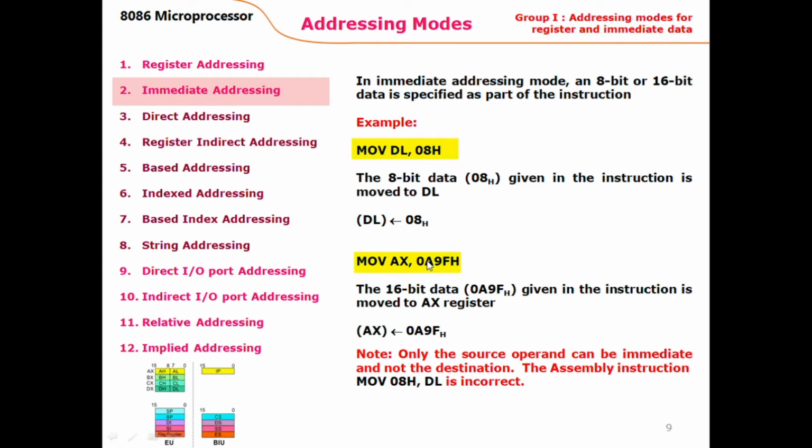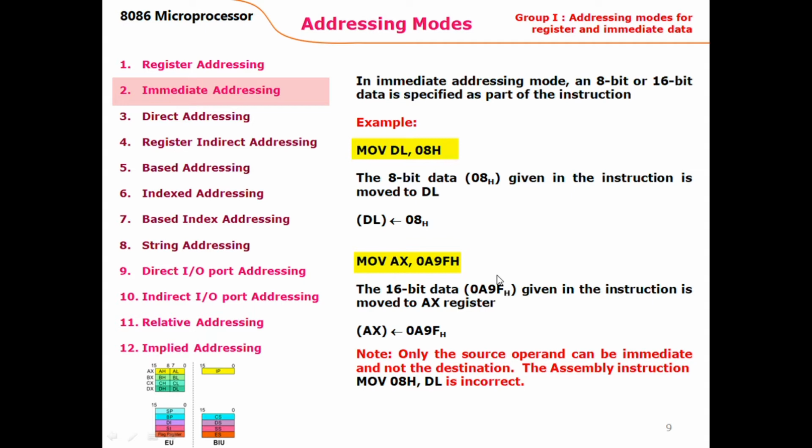Here a 16-bit data can be moved: MOV AX, 0A9FH. So this is a 16-bit hexadecimal immediate value. This is transferred to the 16-bit AX register.